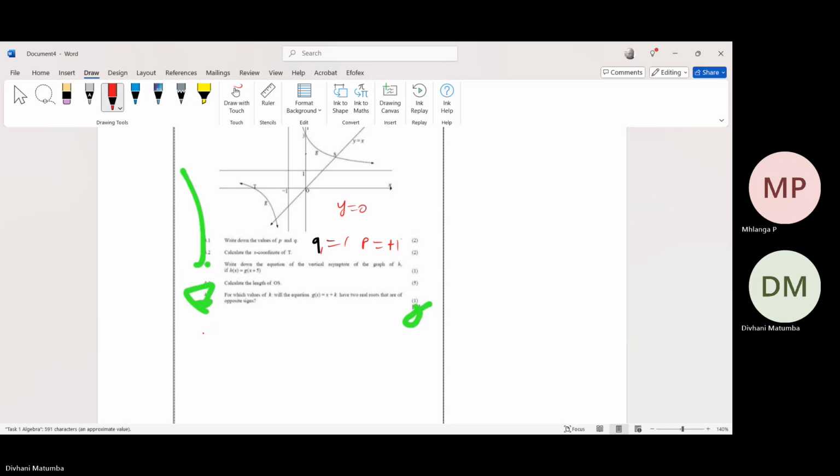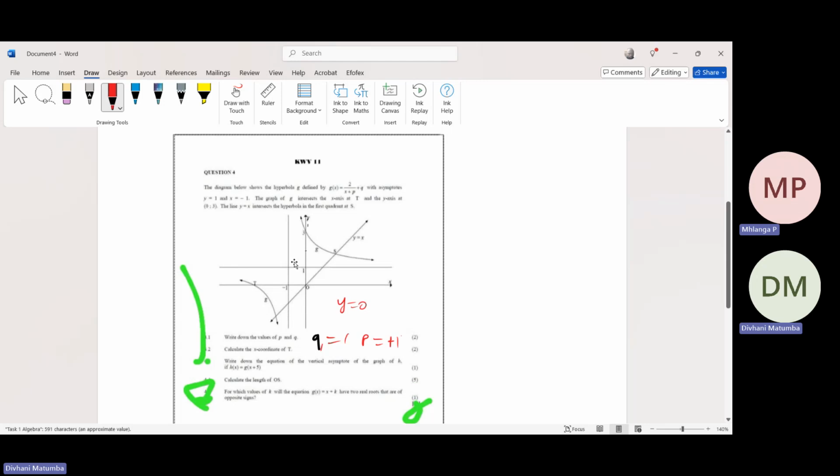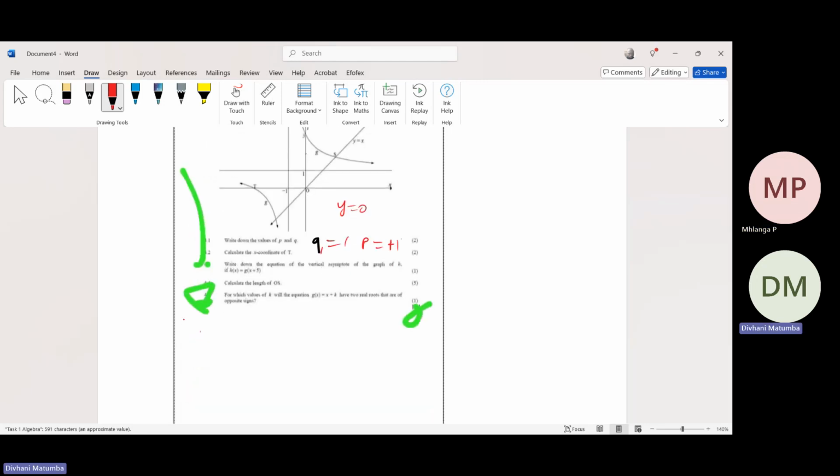So if we equate our equation, 0 equals 2 over x plus 1, plus our q value, which was 1.